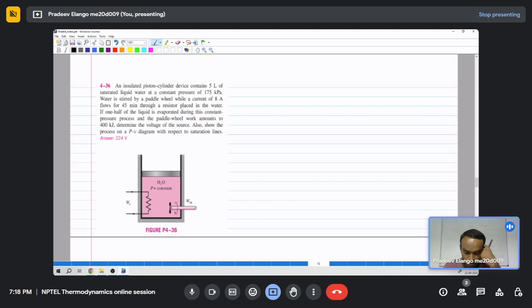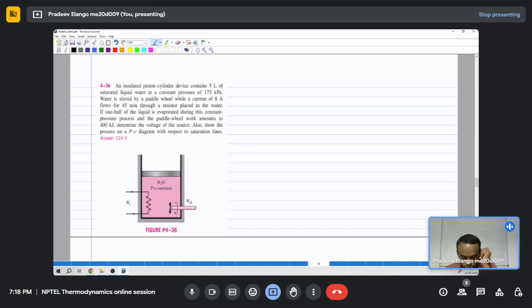The water is stirred by a paddle wheel while a current of 8 ampere flows for 45 minutes through a resistor placed in the water. If one half of the liquid is evaporated during this constant pressure process and the paddle wheel work amounts to 400 kilojoules, determine the voltage of the source. Also show the process on a PV diagram with respect to saturation lines.